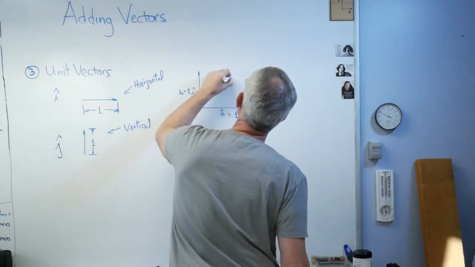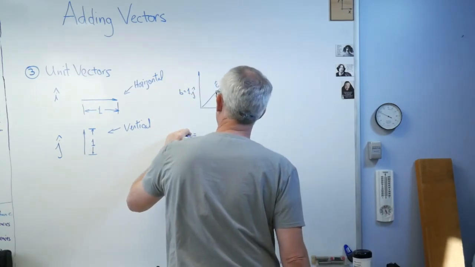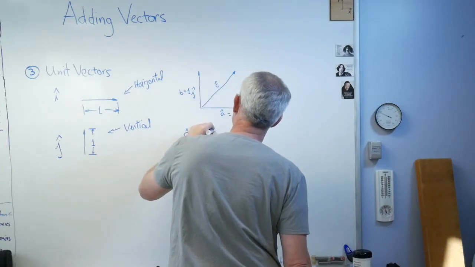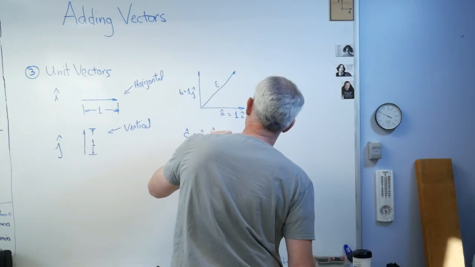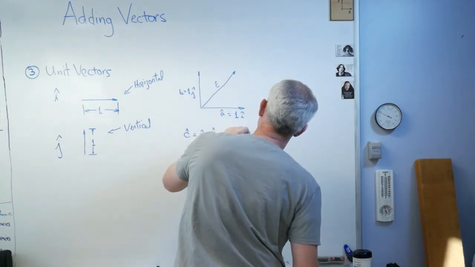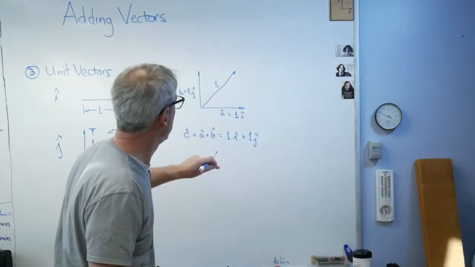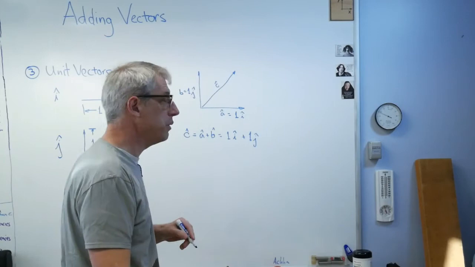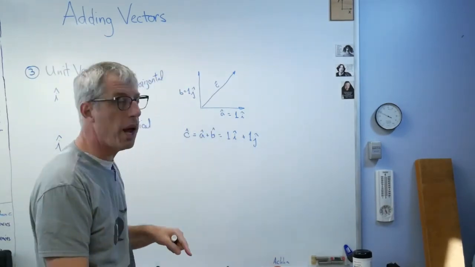And let's call this C. So C is A plus B, so it's 1I plus 1J.